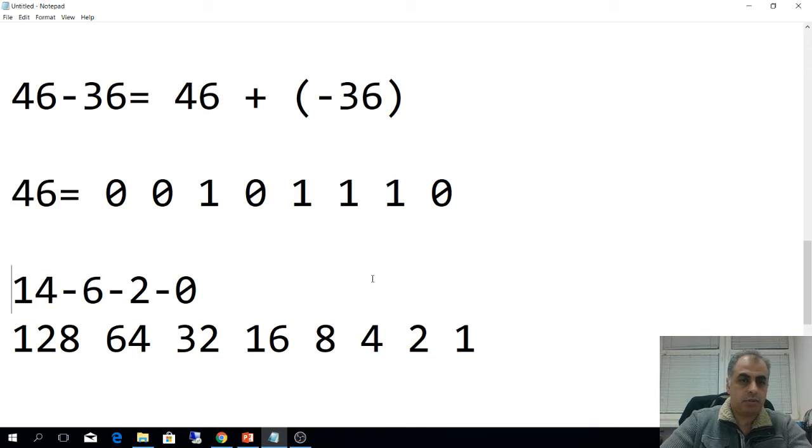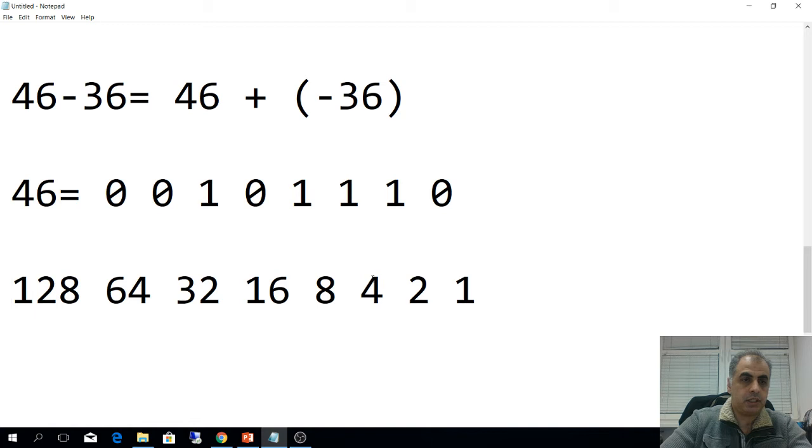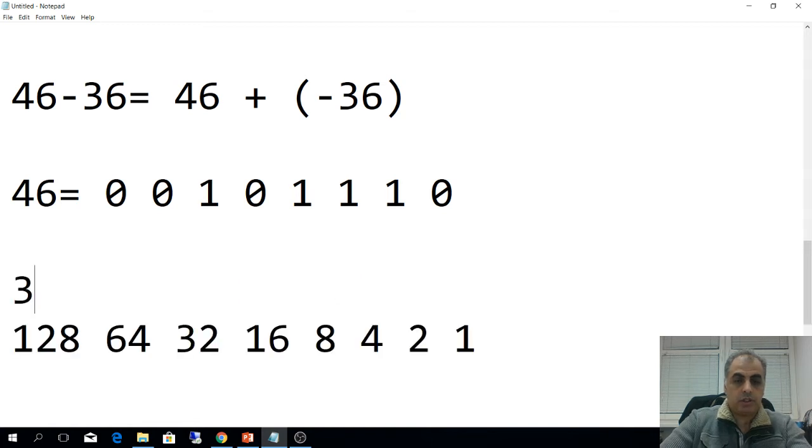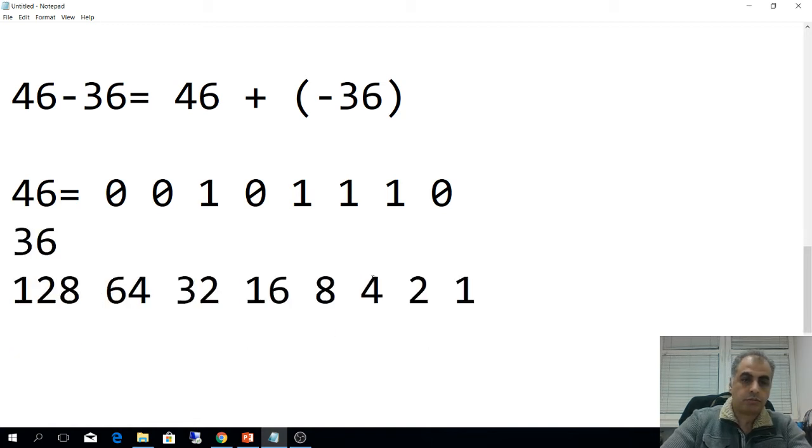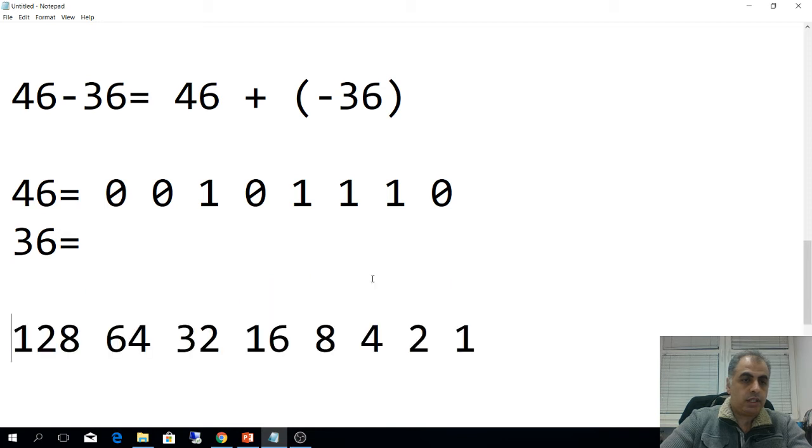Now let us delete this part and talk about 36. First, do we have any 128 in 36? Of course not. Do we have 64? No. Do we have 32? Yes, there is only 1 32 in 36.